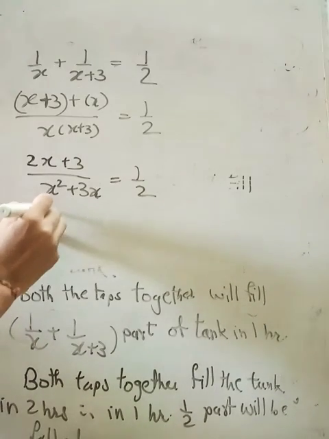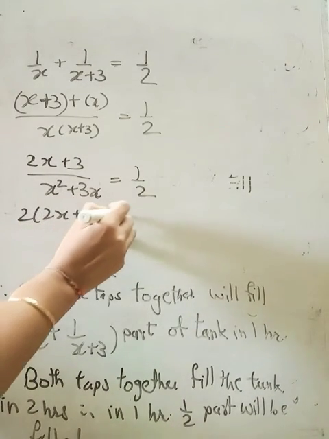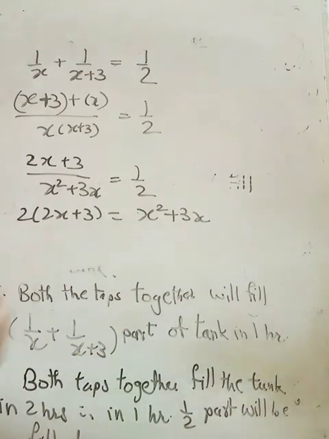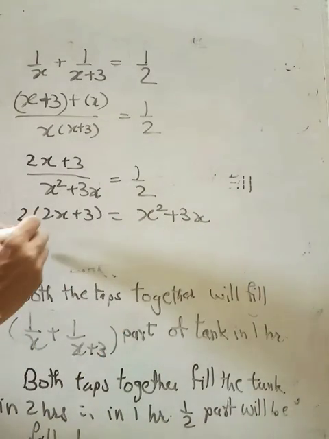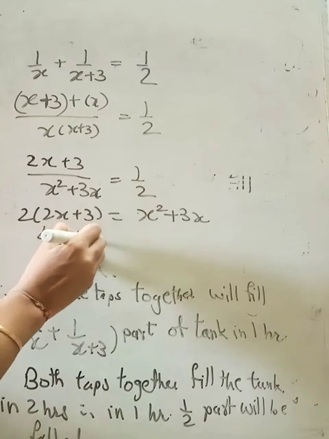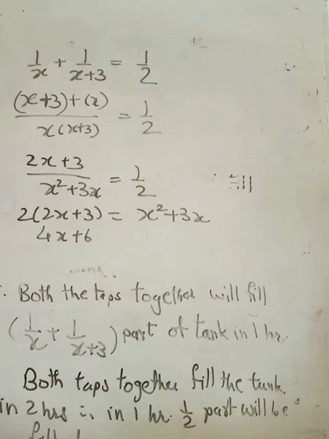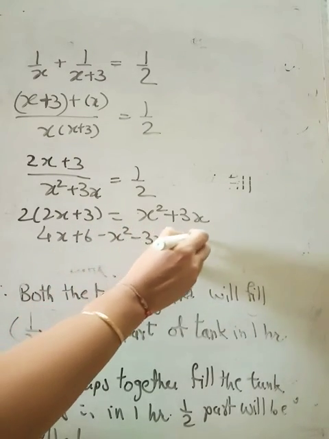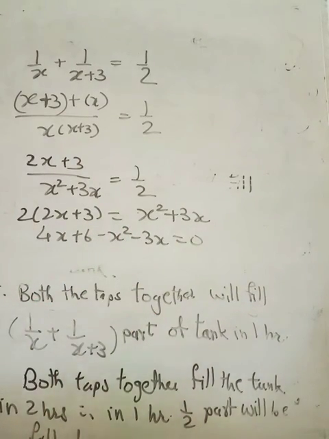So 2 into 2x plus 3 is equal to 1 into x square plus 3x. So I will just write down this only. Open the bracket, 4x plus 6. Alright? So minus x square minus 3x is equal to 0. सबको एक जगह पे मैं लेके आई. चलो. So now what we will be left with?